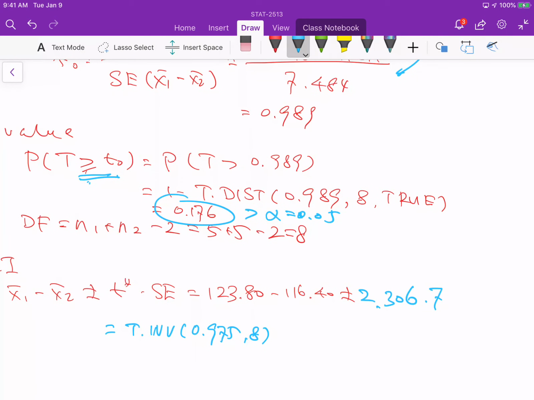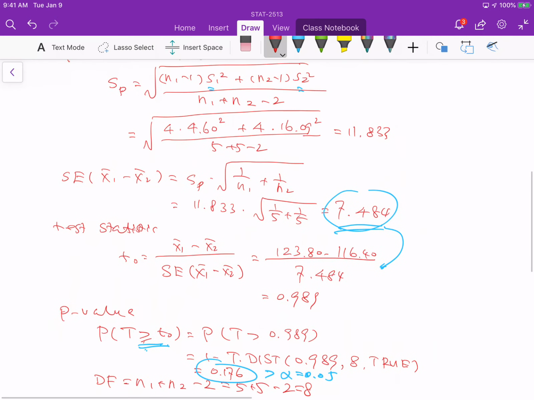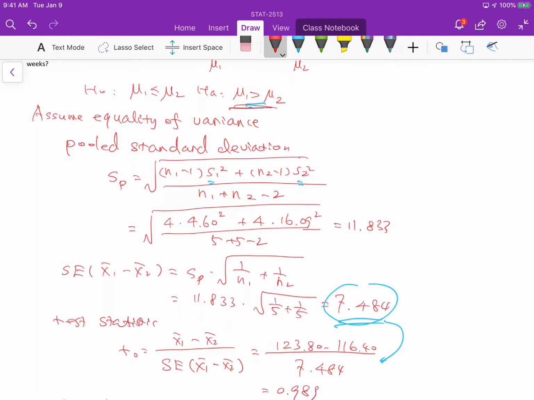If you complete the math, the confidence interval will be negative 9.86 to 24.66. So now we have demonstrated how to do the test and how to construct the confidence interval if we assume equality of variances.